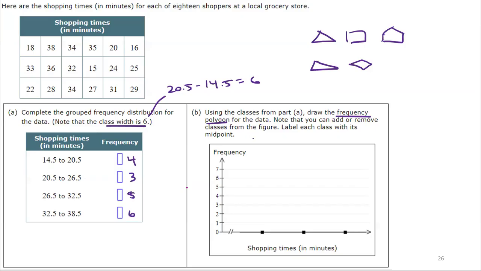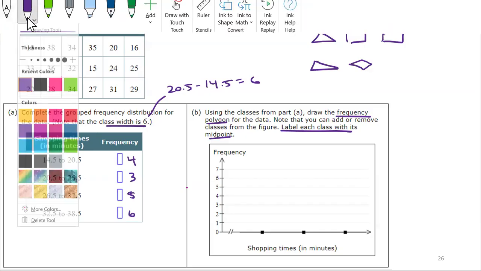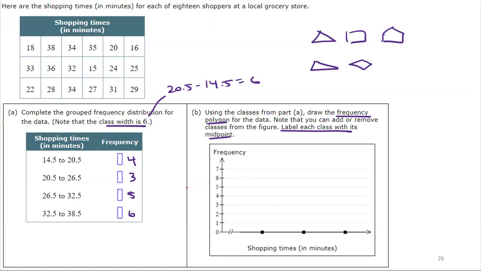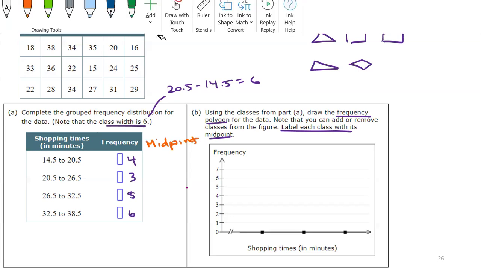It wants us to label each class with its midpoint. So how do we do that? We need to create another column here. I'm going to put midpoint, using a different color here. Then let me erase this part.